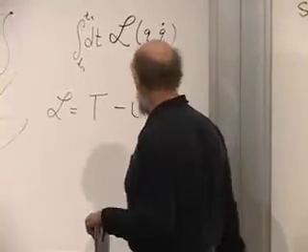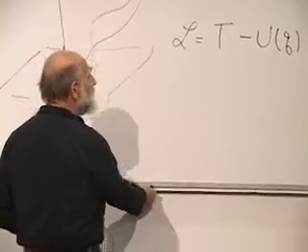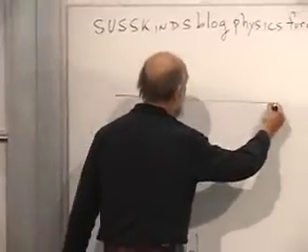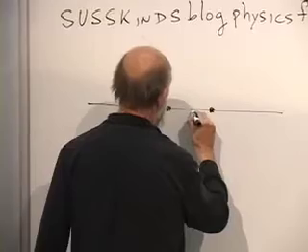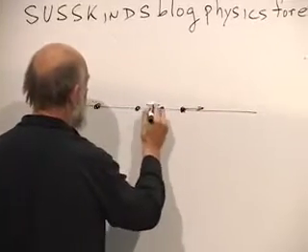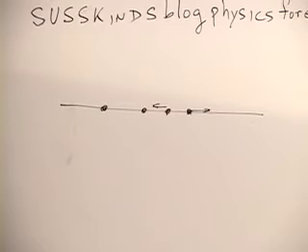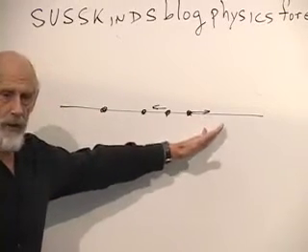And so, for example, if the Q's represented points moving on a line, let's imagine points moving on a line, a whole bunch of them. Some are moving this way, some are moving that way, and so forth.